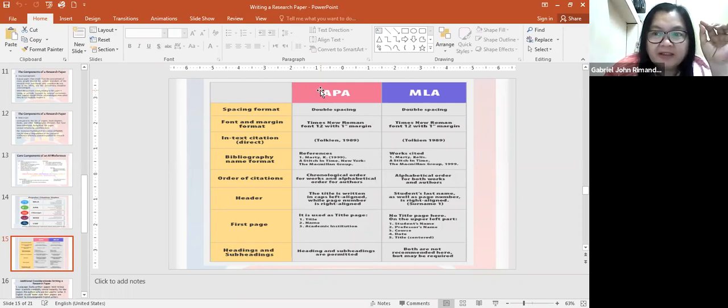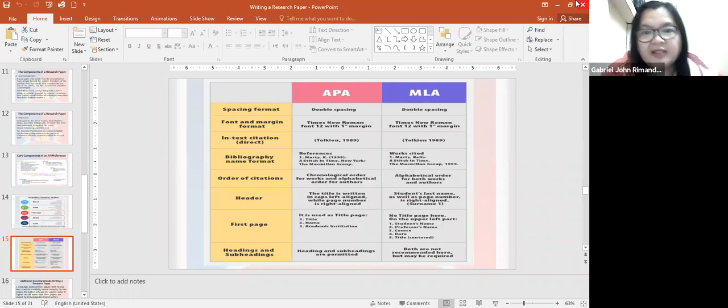If it is an article and there is no author or writer, you can just write the name, the journal, the title of the journal. Okay? Then bibliography name format. So you follow this as for your references. Then the order of citations must be chronological order for work and alphabetical order for authors.